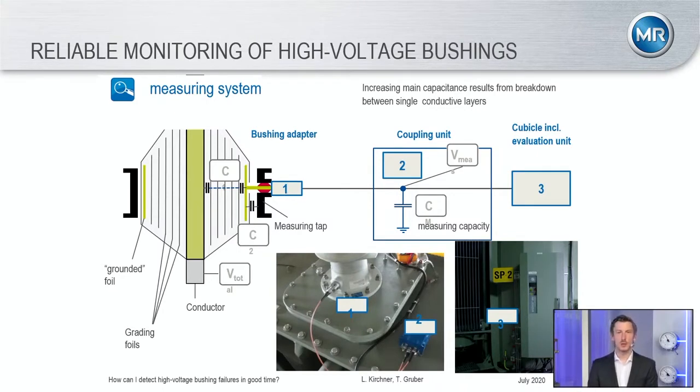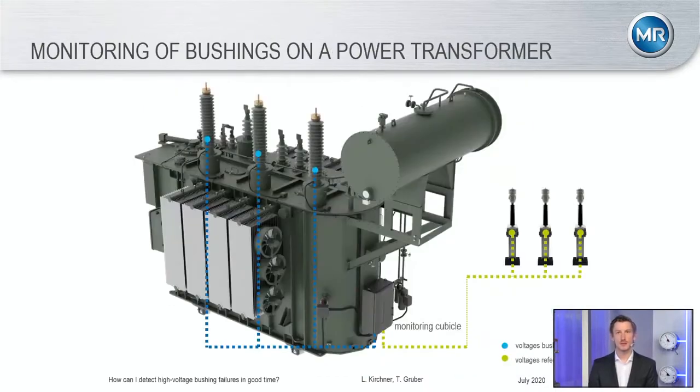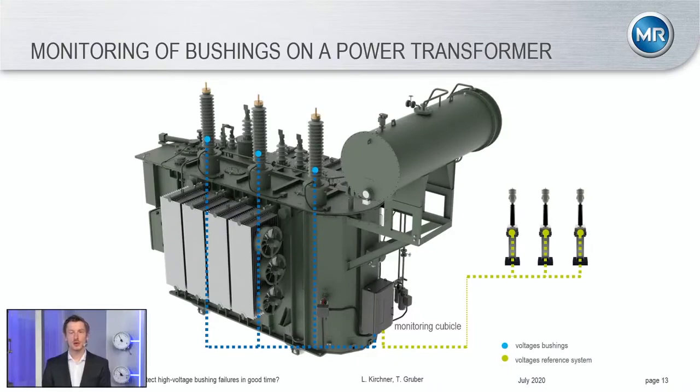We also call it MSENSE BM. MSENSE is our name for the digital or intelligent sensors, and then we will have access to the voltage of the bushings. And if we have access not only to the voltage of the bushings but also to the reference system, we can combine these two data sources to apply bushing monitoring.